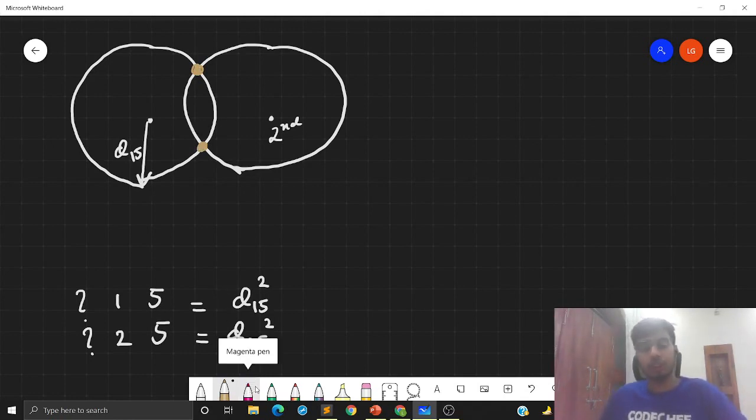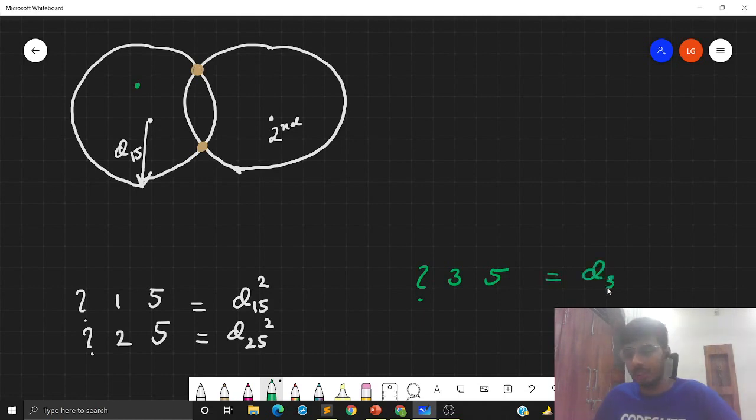Now, what is the role of the third query? Suppose my third point was somewhere here. This was my third point, let's say. What I can do is ask the distance of the fifth point from the third point, which will be d35 whole square, and then I can calculate the distance of this point as well as this point from my third point.